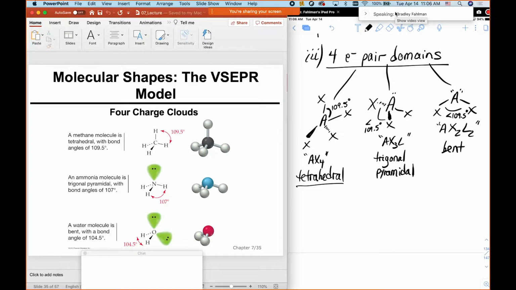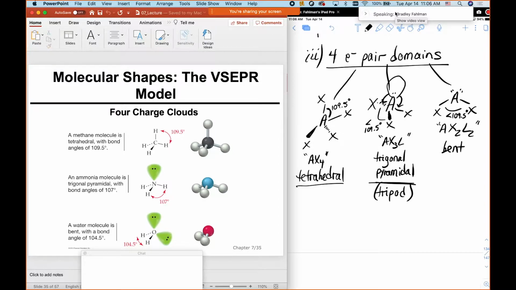If you replace one of the x's with a lone pair, then that's going to be trigonal pyramidal, like a tripod type of shape. All the angles are going to be less than 109.5, again because of this repulsion effect.